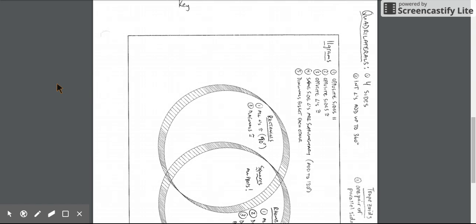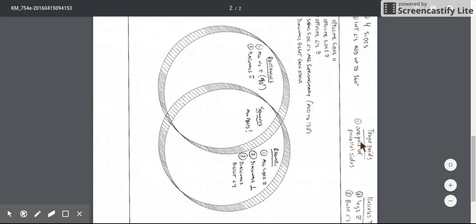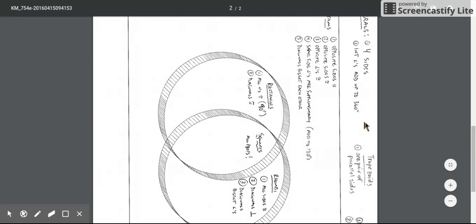So everything on this page is a quadrilateral, every shape that I write down. And the quadrilaterals are specifically going to hang out on the outside here. But as I work inside, these shapes are going to also be quadrilaterals. So we have quadrilaterals, just generic quadrilaterals, and we also have trapezoids and isosceles trapezoids, as well as other types of trapezoids. So those are the quadrilaterals.